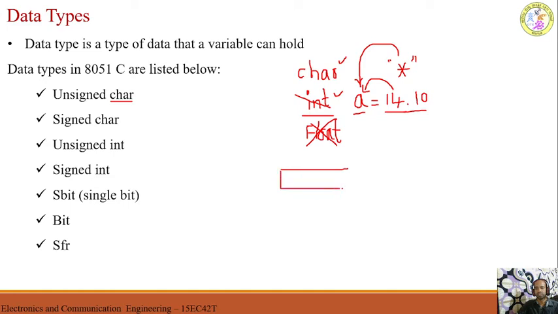In case of an unsigned number, unsigned means no sign. For example, let us assume 8 bits. This is the 0th bit, first bit, and so on up to the last bit. Now all the 8 bits are reserved to represent the magnitude of a number. What is a magnitude? For example, 14 is a magnitude.